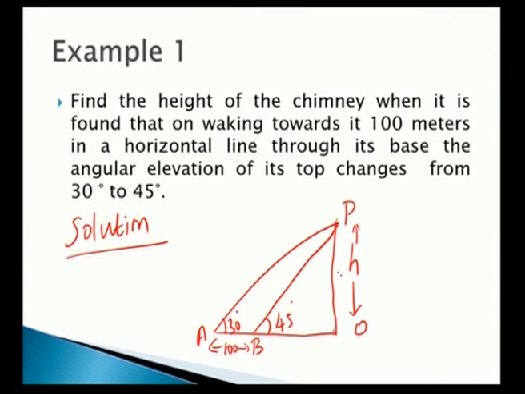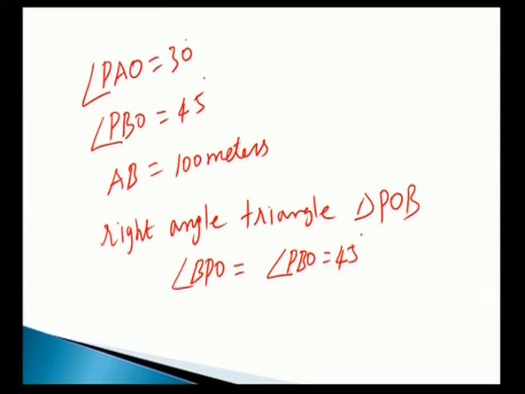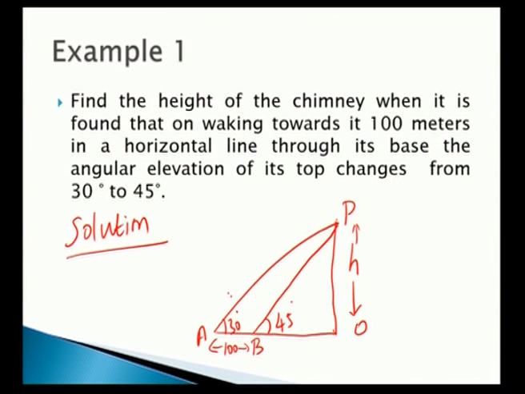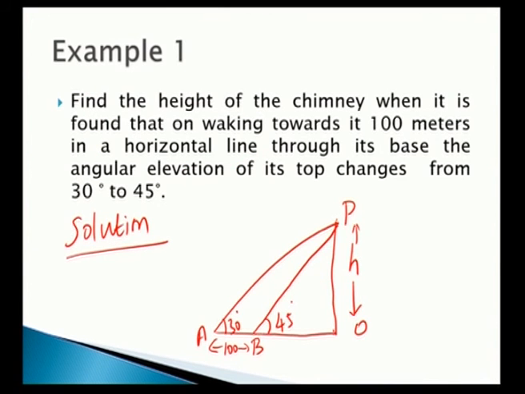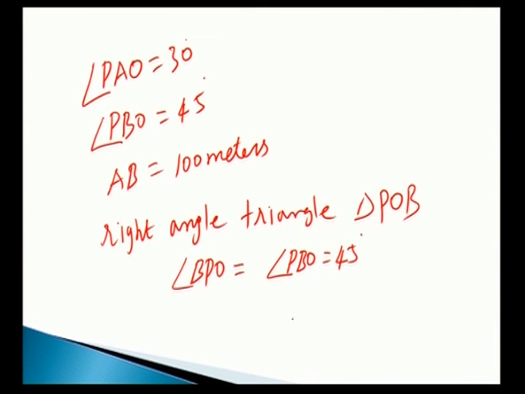Here the angle at O is 90 degree. This is 45 degree, means this also will be 45 degree, because the sum of all the three angles of a triangle is 180 degree. So PBO is equal to BPO, which is equal to 45 degree.